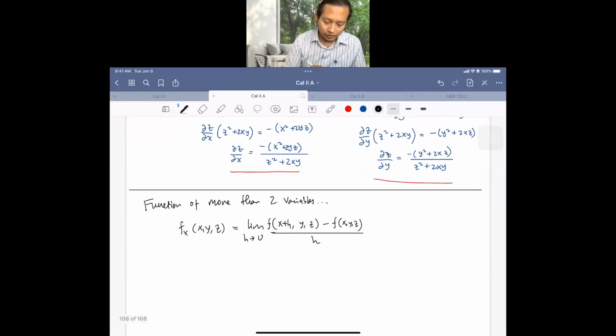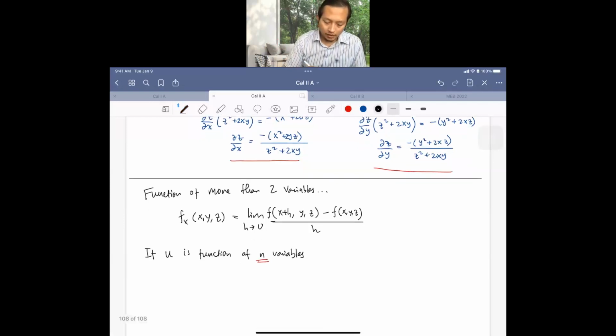Now, if we write in a more general definition, if we write u as a function of n variables, so n can be any number, it can be 2, 3, 4, okay? And u is a function of x1, x2, x3 until xn, to denote how many variables there are.